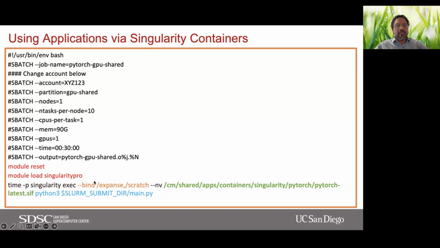In this example for Expanse, I'm doing /expanse and /scratch. /scratch is the NVMe storage that's on each compute or GPU node, and /expanse is where Lustre is mounted. So it's enough if you have both of those paths, and that should cover everything that you need.